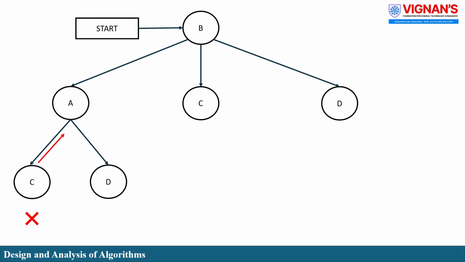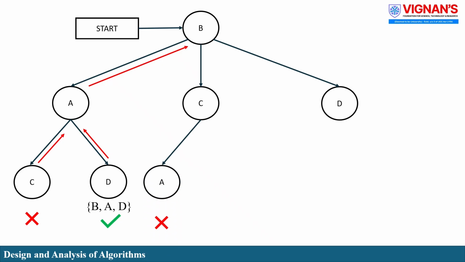But B, A, D is valid, so it becomes one of our correct teams. Next, we return to B and try C. From C, we again test the remaining students. The team B, C, A is rejected because A and C appear together. But B, C, D is valid, so it is accepted.